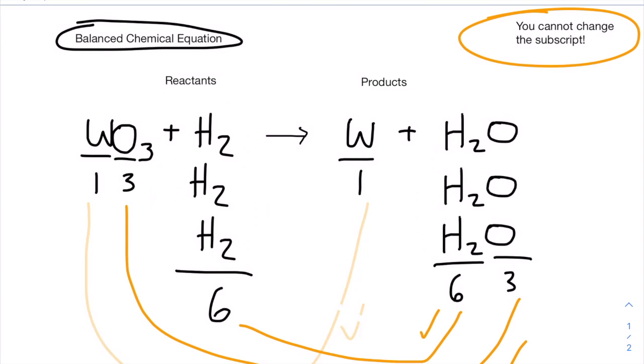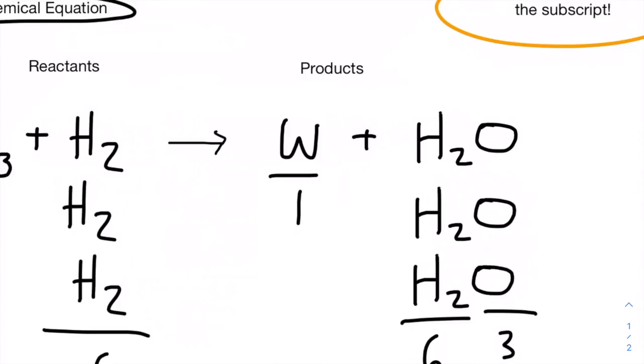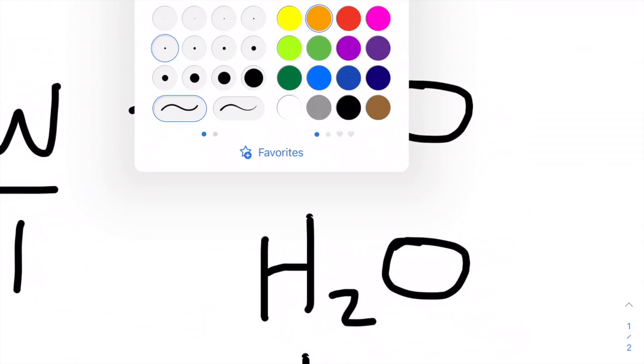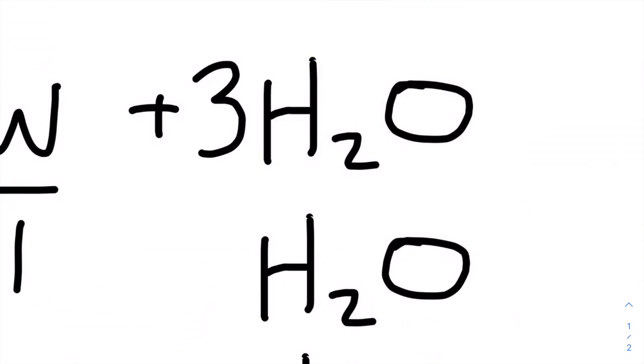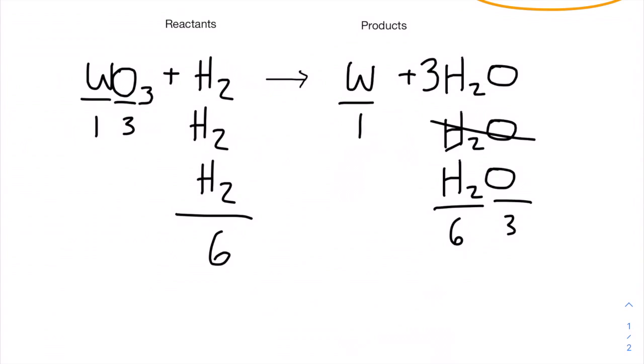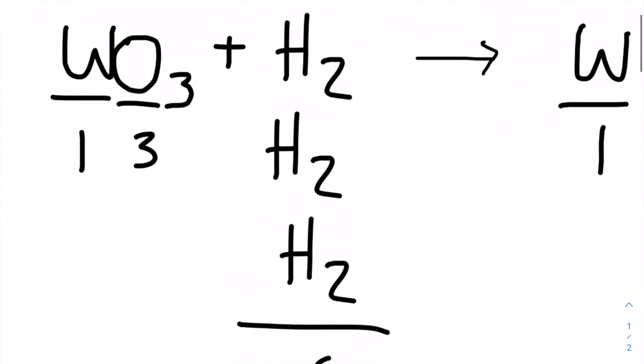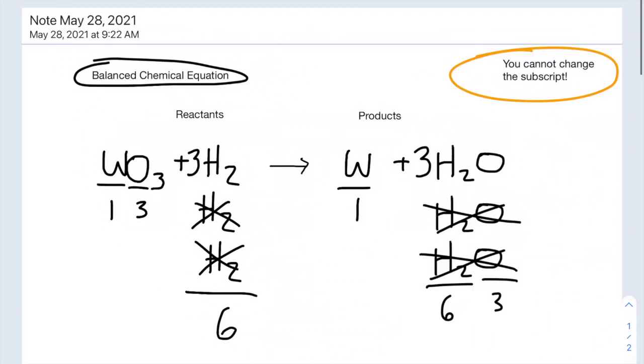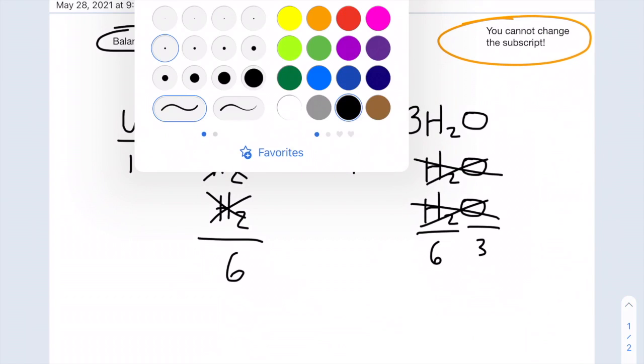So instead of writing everything 3 times, I'm actually just going to put a coefficient here of 3 instead of drawing it multiple times. And same here for the hydrogen, H2, I'm going to put a 3 because we had 3 total.